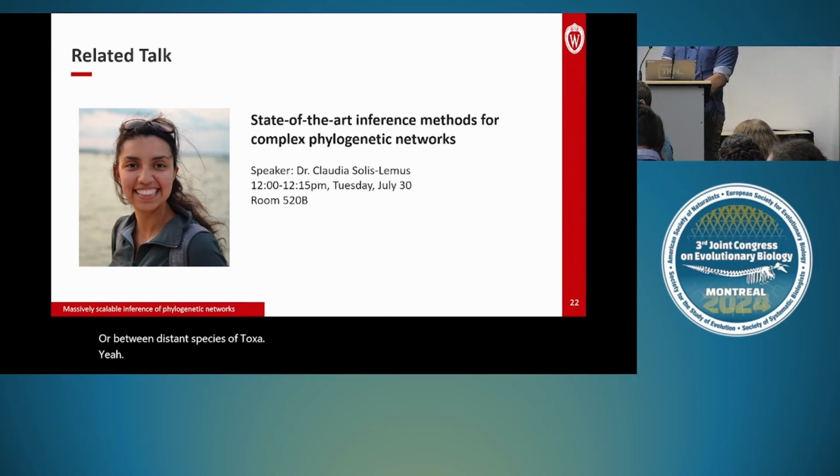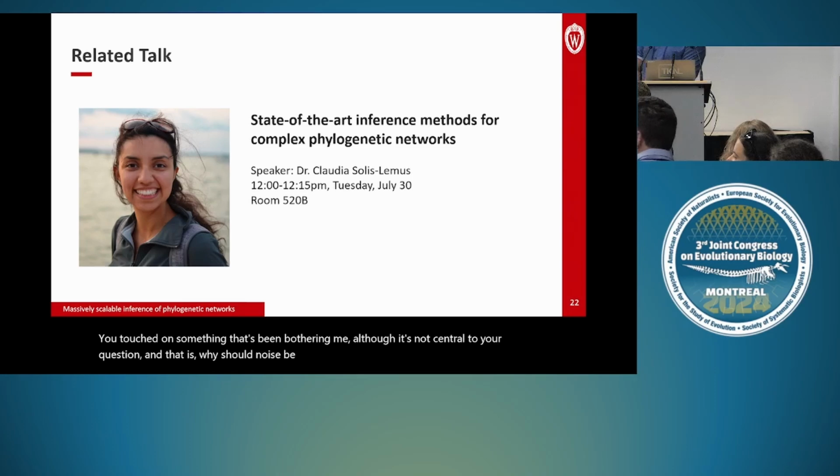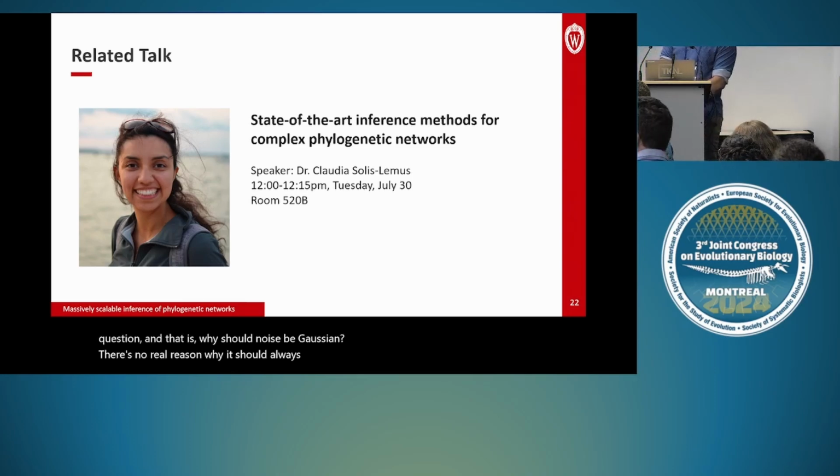You touched on something that's been bothering me, although it's not central to your question, and that is, why should noise be Gaussian? There's no real reason why it should always be Gaussian. It was more or less just the convenient source of random noise. No, maybe there's a good reason. I just don't know what it is.